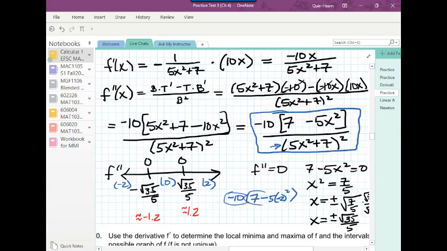So let's go ahead and take the square root of 35 and divide it by 5, and that's about 1.2. Okay, so we have approximately negative 1.2 and approximately positive 1.2. So my test points that I'm going to use in between, I'm going to pick 0, I'm going to pick 2, and I'm going to pick negative 2. And we need to plug those into our second derivative and determine the sign.